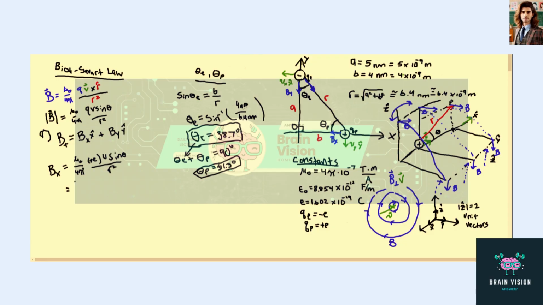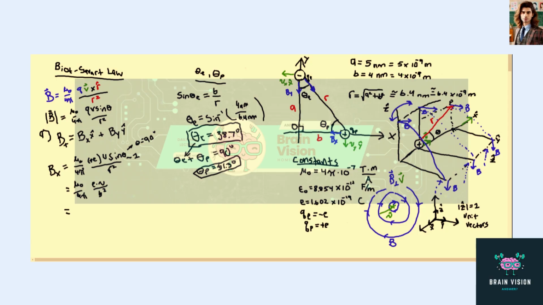This is mu naught over 4 pi, e cross v, and here this theta is equal to 90 degrees. So sine theta is equal to 1. So all we have here is e times v over B squared.